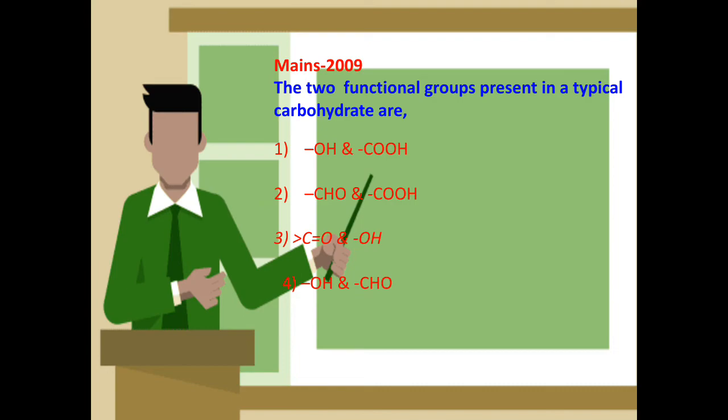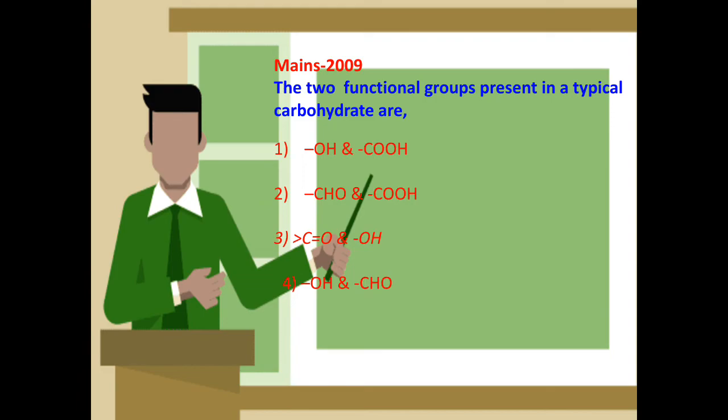One competitive examination question, a JEE Mains 2009 question. The 2 functional groups present in a typical carbohydrate are: first option, OH and COOH; second, CHO and COOH; third, C double bond O and OH; and fourth option is OH and CHO.